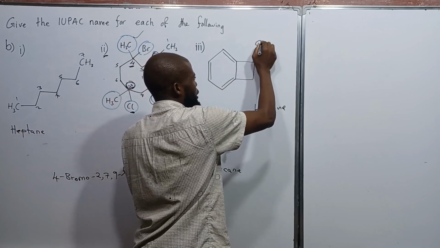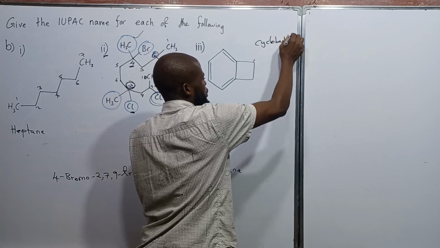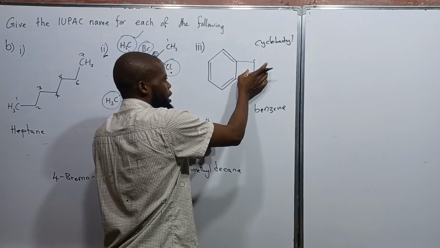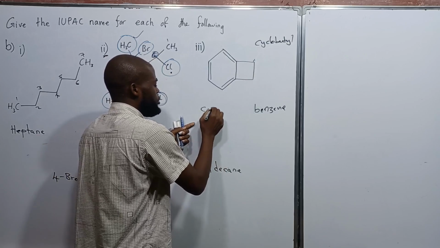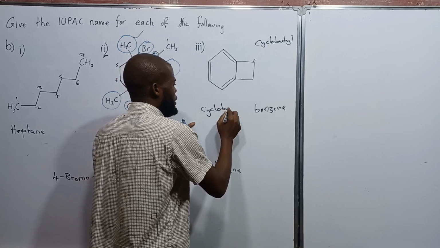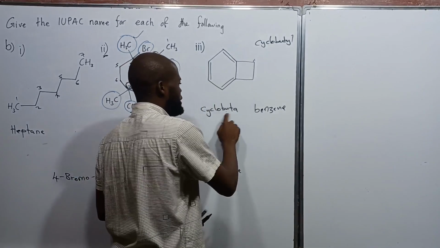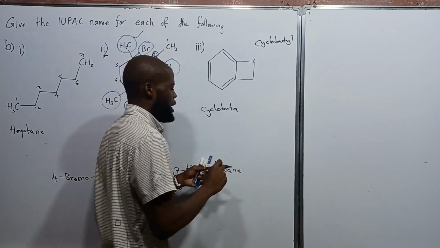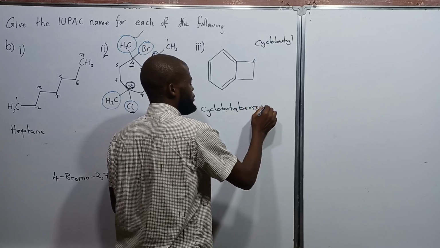Instead of having cyclobutyl, because the cyclobutane is fused with a benzene ring, the substituent is now going to be called cyclobuta, meaning the substituent that is fused with the parent ring, and the parent ring we've already identified as benzene.